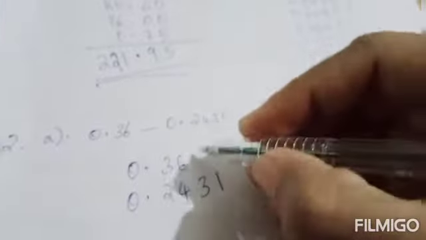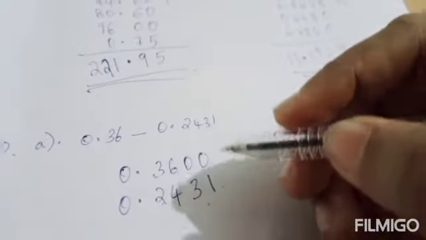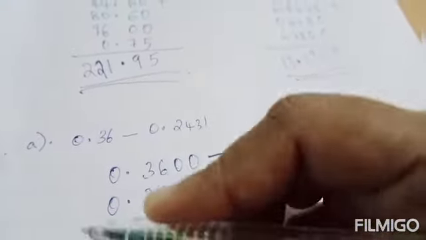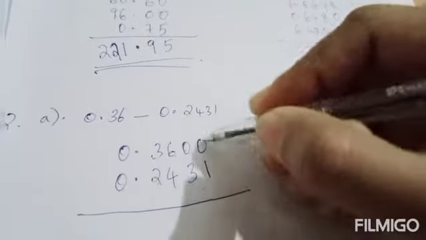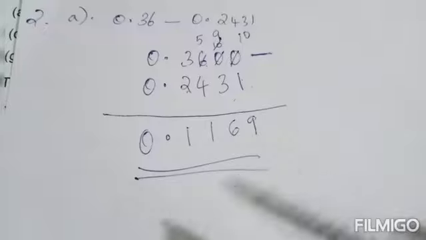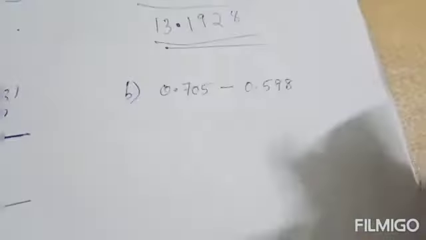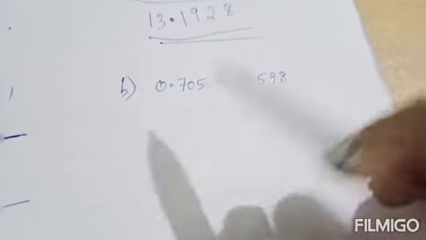Here only 2 digits are coming after the decimal point, so put zeros here. So here 4 digits are coming, in this also 4 digits are coming. Now you need to subtract this. Do the subtraction starting from the right side. You will get the answer 0.1169.